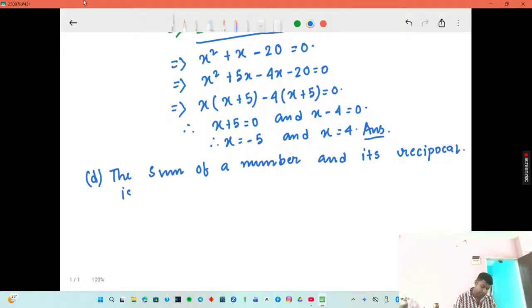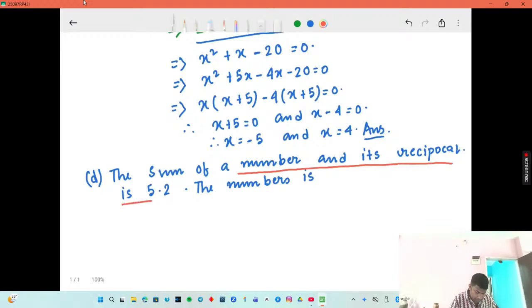Is it clear? So here the question is given as the sum of a number and its reciprocal is 5.2. The numbers are?